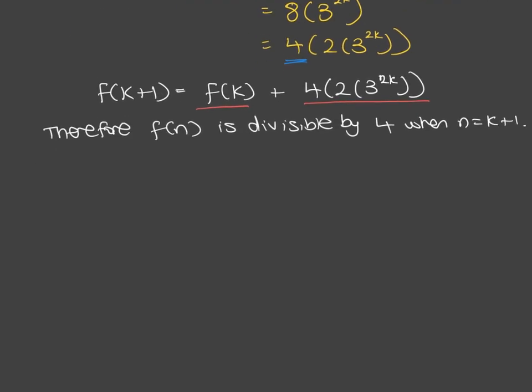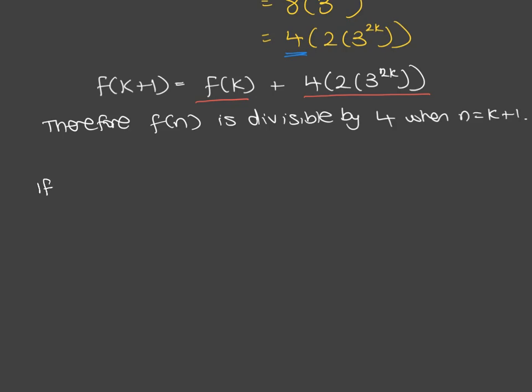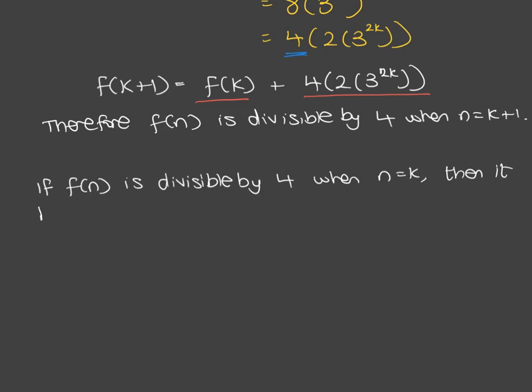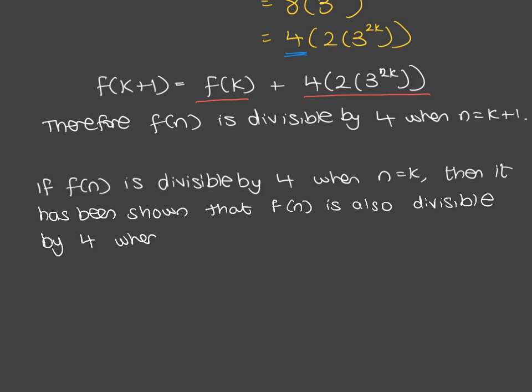So the final kind of conclusion step, we're going to say, well, if Fn is divisible by 4 when n equals k, then it has been shown that Fn is also divisible by 4 when n equals k plus 1.